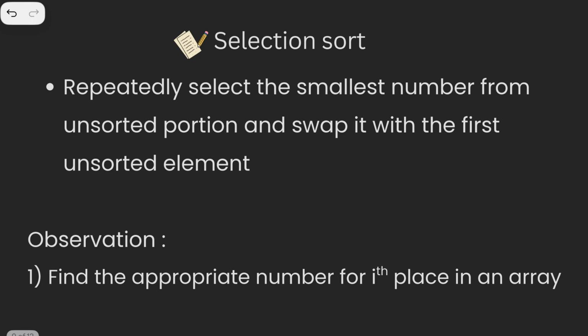Okay, now let's discuss selection sort. The key operation that we do here is that we select the smallest element from the unsorted portion and swap it with the very first element of the same unsorted portion. So let's say you have this array which is entirely unsorted. You select the smallest element and you place it on the first position.